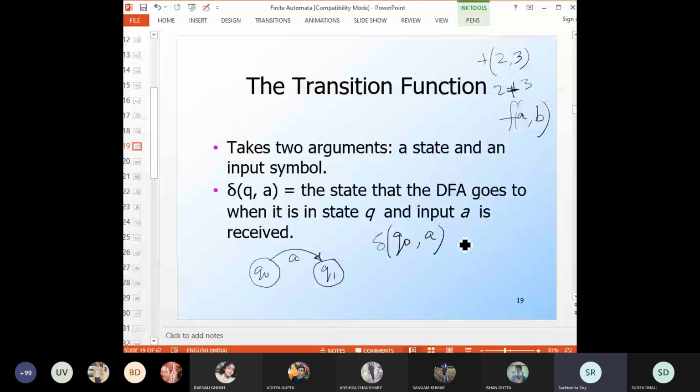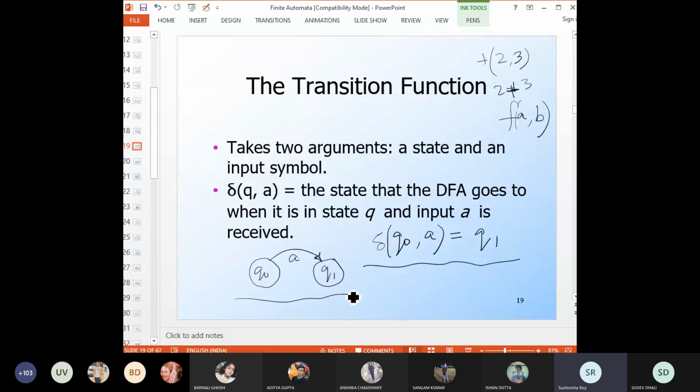And the destination of this transition, the state in which the transition takes you, in which you end up, that is going to be the value of this function, the actual return value of this function. So that will be q1. So this total expression now represents this particular transition.